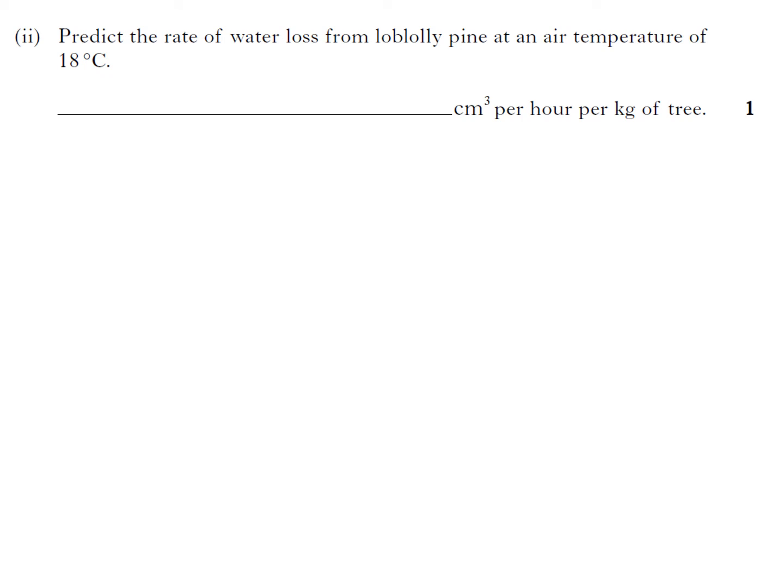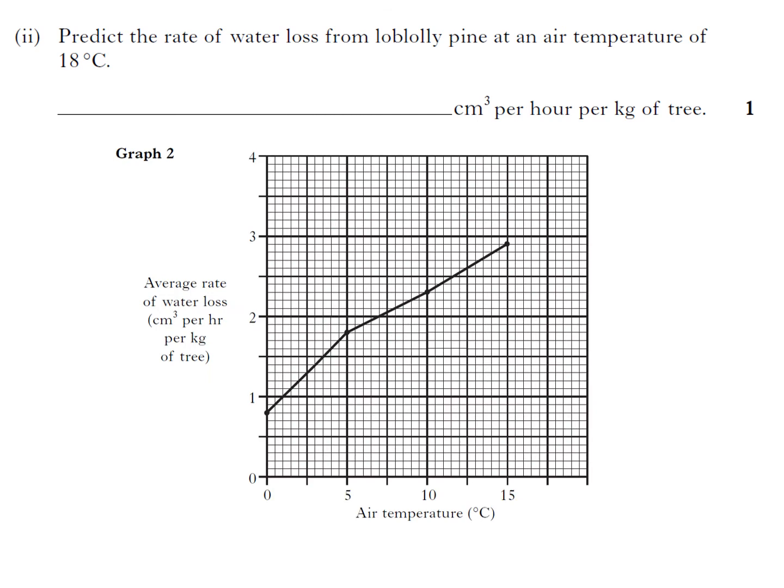Okay, predict the rate of water loss from the loblolly pine at an air temperature of 18 degrees C. So remember how I said this was still going? So this is actually 20. So 16, 17. Here is my 18 here. And this is going in a very straight line. So I'm going to have to try and continue on this line, which is not going to be easy on the computer, but you could use a ruler, which would be better.